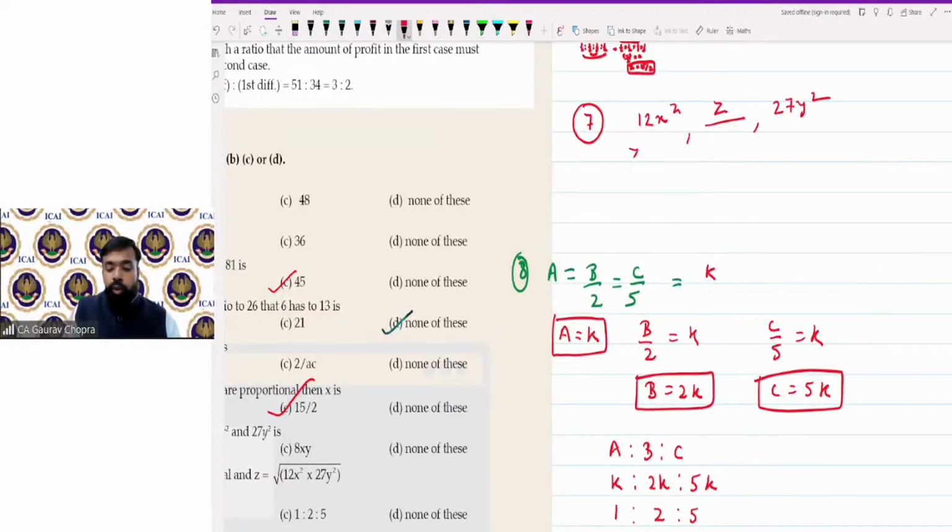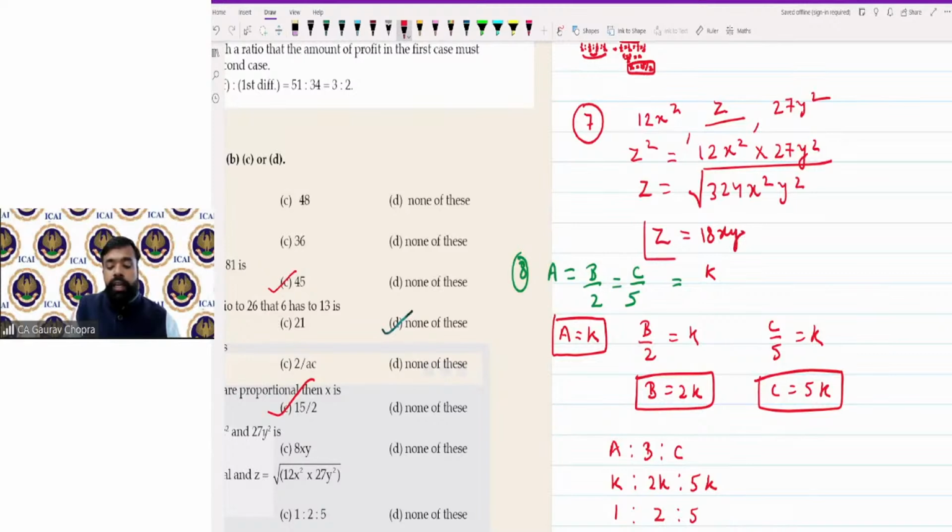So apply the same formula, b square equal to ac. तो सेम फॉर्मूला हमने अप्लाई किया है. नाउ z का स्क्वायर यहां करके क्या बन जाएगा, रूट. तो 12 into 27 is 324 x square y square. और जैसे आपने रूट किया, the result is 18xy. Okay, so this was seventh one, z equal to 18xy. All right.